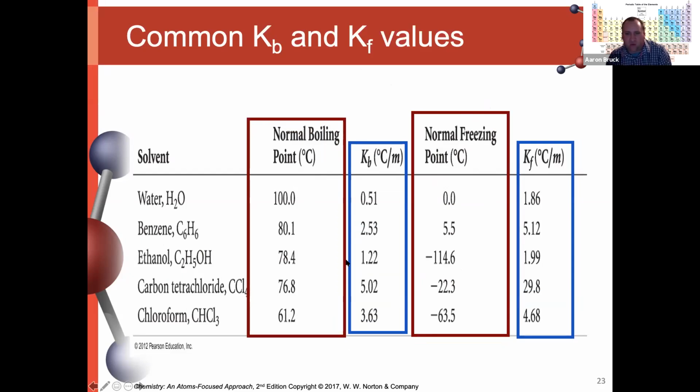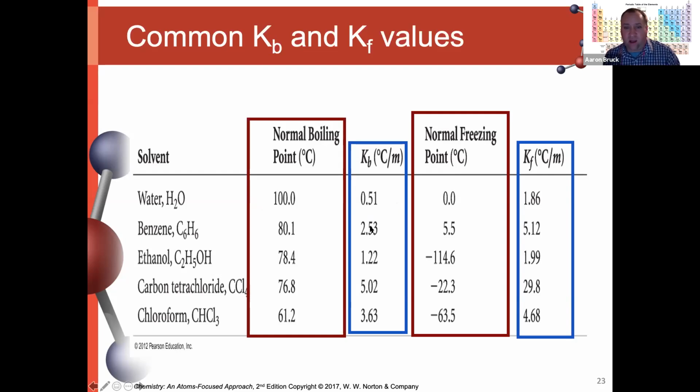Now, what's kind of cool and interesting about these values is that you can tell a lot by the value of Kb or Kf in terms of the polarity of the solvent. You can see that the lower the number is for Kb and Kf, the more polar the solvent is, the more attracted to itself it is.